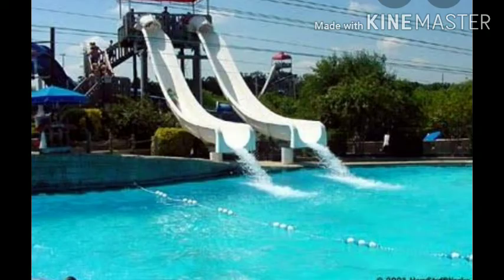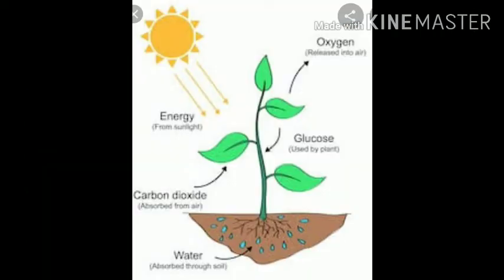Water. Water is one of the essential raw materials for photosynthesis. This water requirement is fulfilled by plants from the soil through their root system. Due to transpiration pull, an adequate supply of water for photosynthesis is always available.